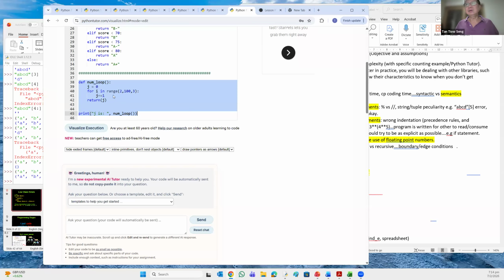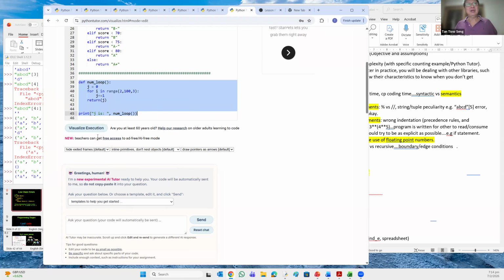So like here, of course, this is more tracing than finding bugs, but still, it also indicates the boundary condition. So for example, you have a loop, j equal to 0, which is counting the number of times it goes through the loop. So you want to return j, which is the number of times this loop is being executed. And this loop starts with 2 and ends before 100 at an increment of 3.